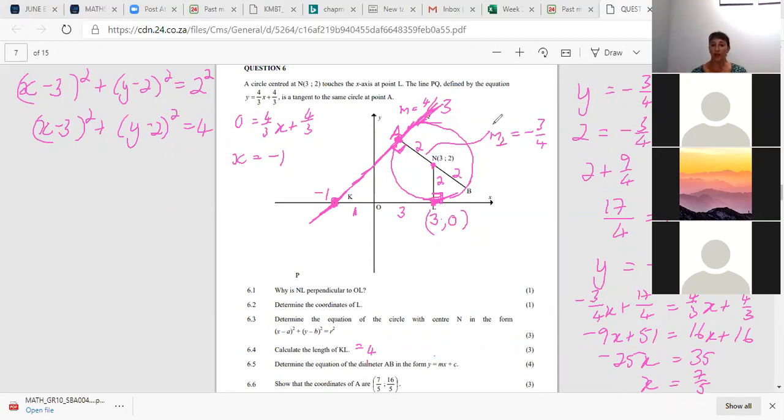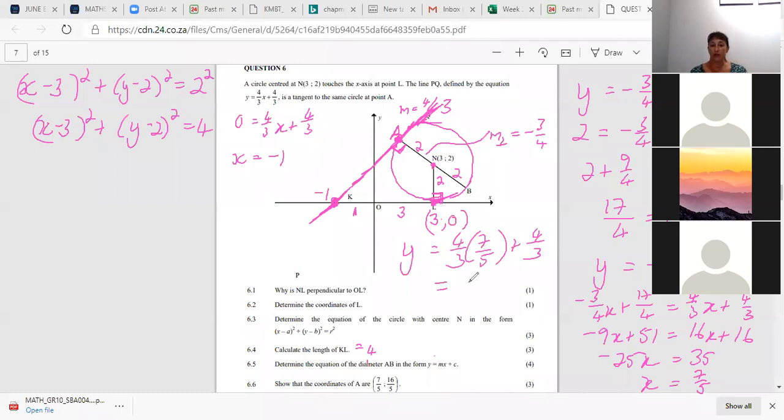And to find the y, you just simply substitute it back into either of the two lines, okay? So y will equal 4 over 3 times x, x is 7 over 5, plus 4 over 3. And of course, you can use a calculator.